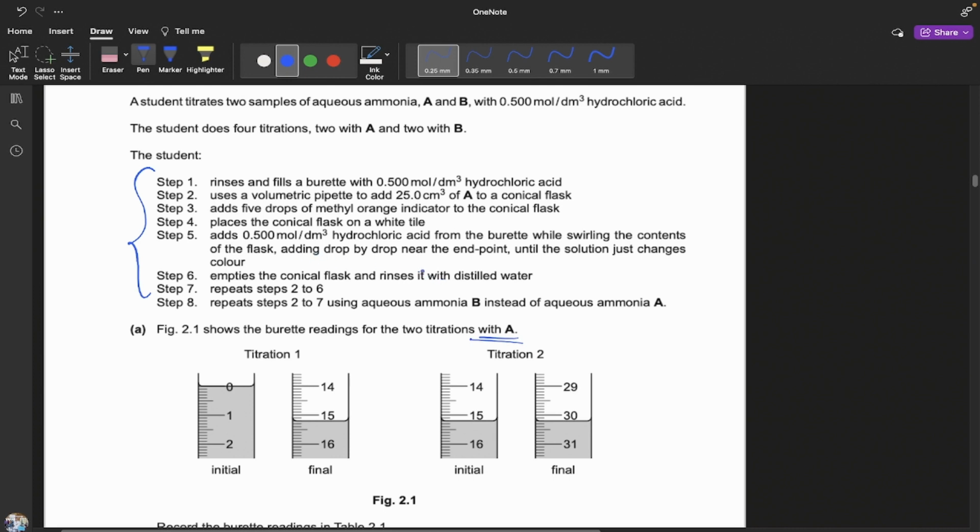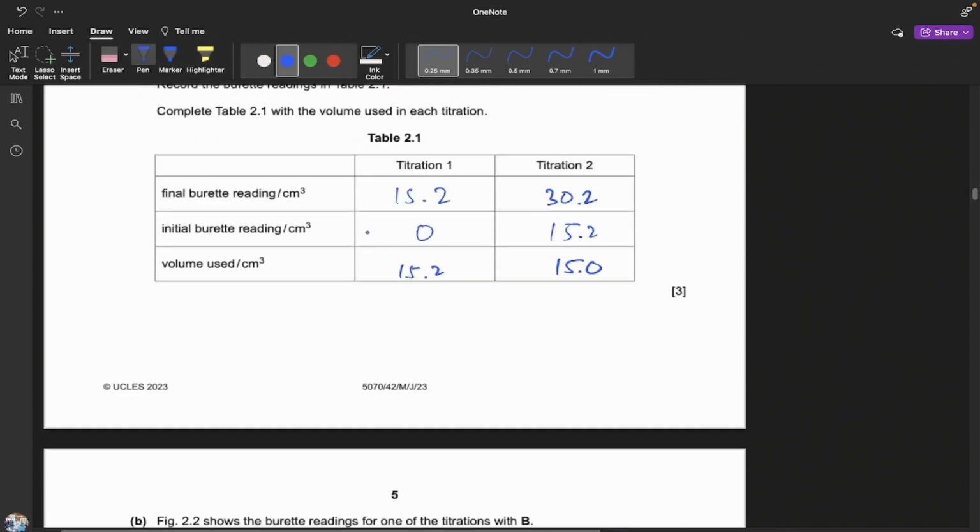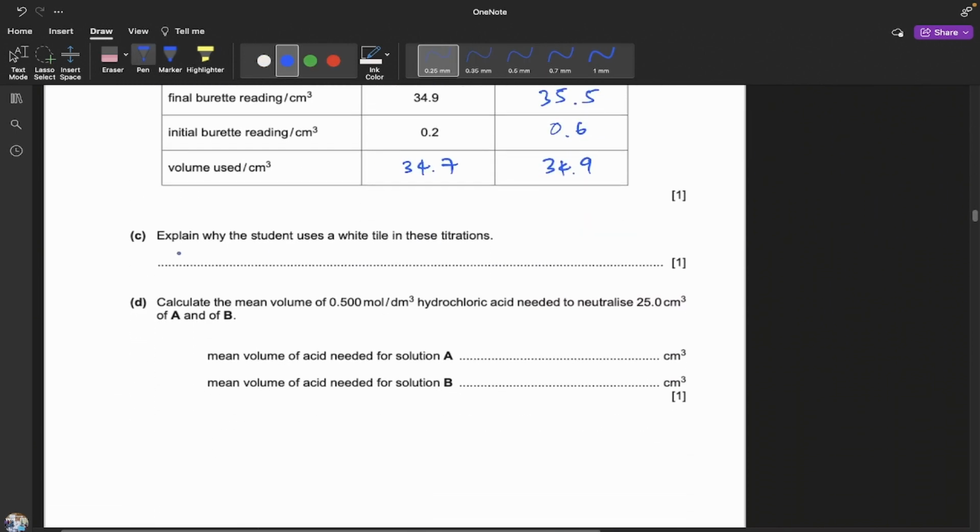They're adding methyl orange, right? Methyl orange is a color changing indicator. So the white tile is used. The explanation for why the student uses a white tile is to observe the color change easily.